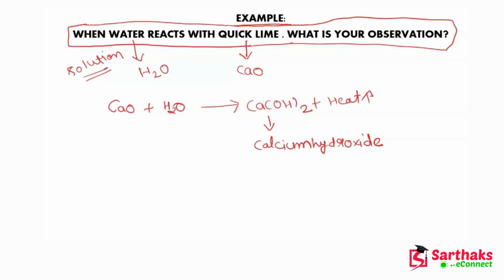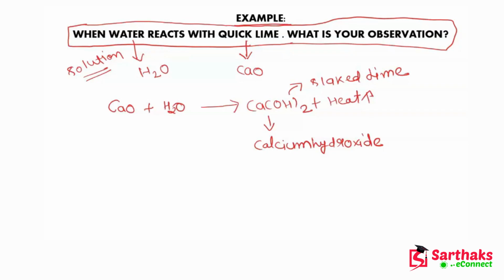We will simply say that in this reaction, calcium hydroxide is formed and heat is also evolved. This is our observation. I hope guys this is clear to you. This is the chemical formula and its famous name. The famous name of this calcium hydroxide is slaked lime. I told you that, slaked lime. Okay, and quicklime is the name we are frequently using for CaO. Okay guys, I hope this example is clear to you.